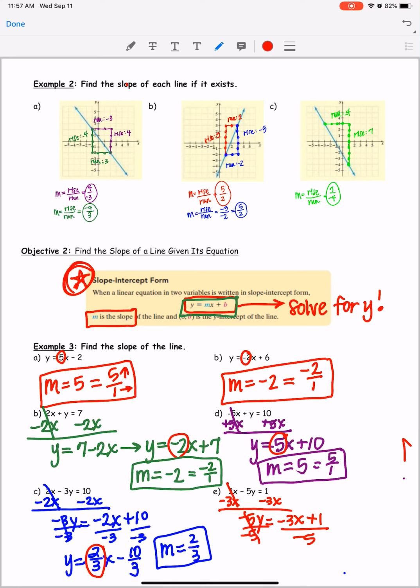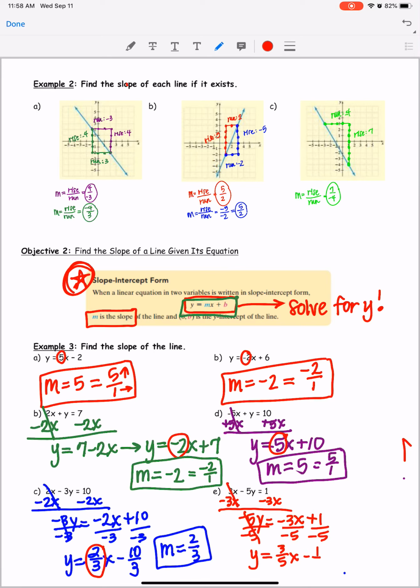Don't put this all over negative 5. My suggestion is to do these individually over negative 5. So I get y equals, same thing here. Negative over negative is positive, but I can't reduce 3 and 5, so we get 3 over 5x. And then 1 over 5, I can't reduce that, but I do know positive over negative is negative.